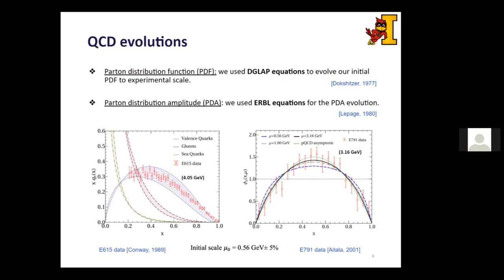Independent of this, there has been work where people try to start evolving from around 300 MeV, and it's not necessarily wrong. There are also older ideas from the 80s or 90s where they did something at 300 MeV and then evolved from there, and it kind of worked. For example, when you do your PDF fit, you can parameterize it at very low scales.